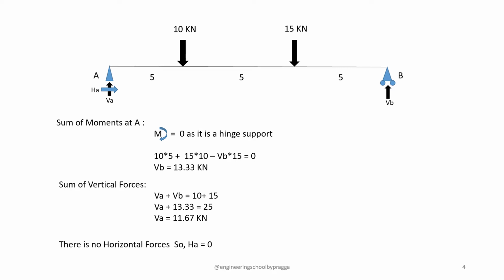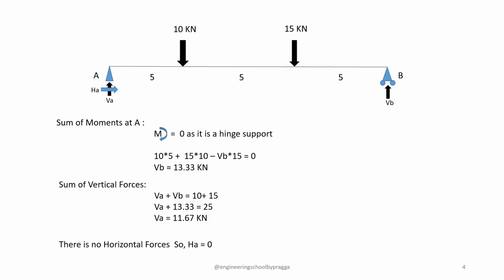Taking the downward forces, 10 kilonewton into 5 meter plus 15 kilonewton into 10 meter, and VB, the vertical force at B, which is upward, so minus VB into 15 is equal to 0. The summation of all the moments is 0. Then we can calculate this and find that VB is 13.33 kilonewton.